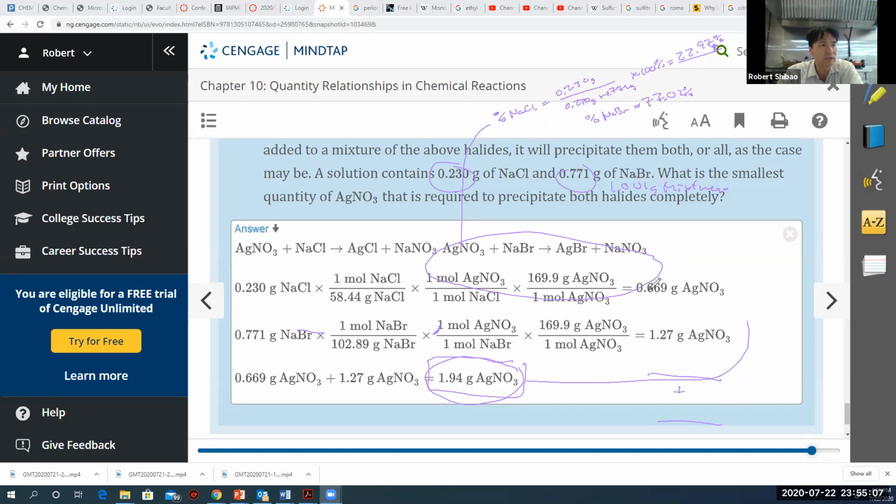If you change the percentage a little bit, it changes the amount of silver nitrate. So if I have more sodium chloride or less sodium chloride, I can tell how much I have based on the amount that I use here. And so let me give you one more example problem, a challenge problem here.